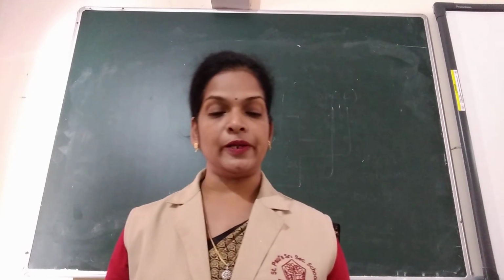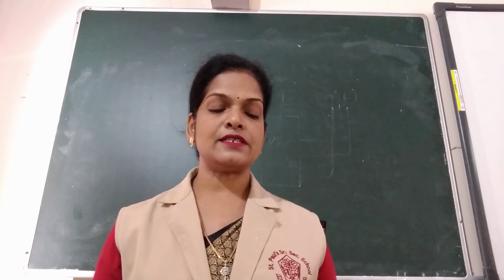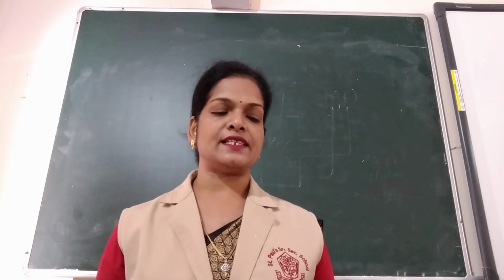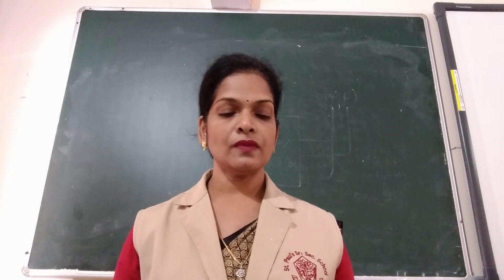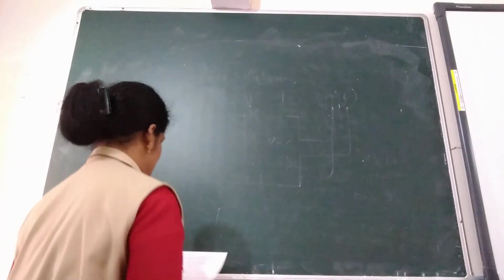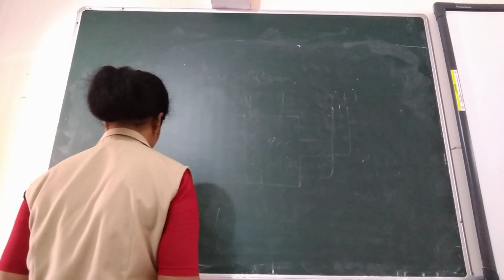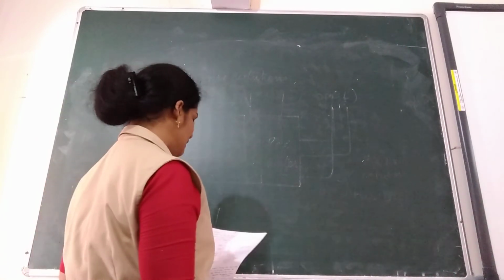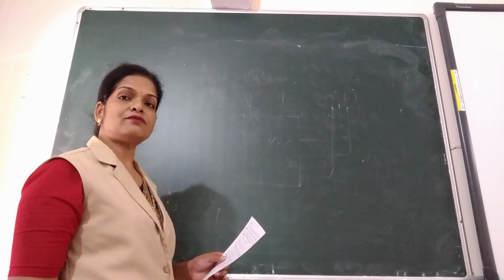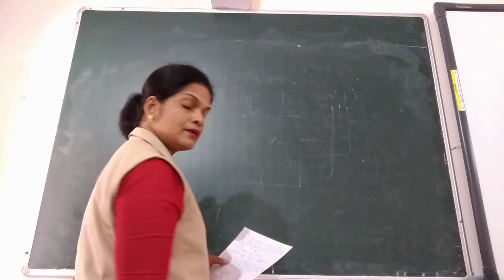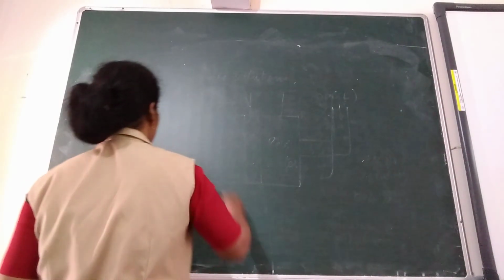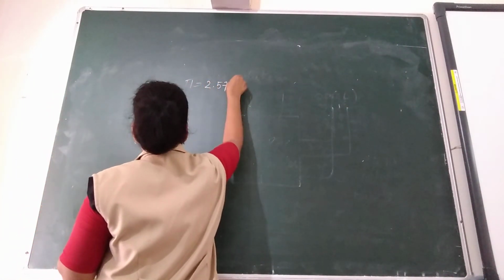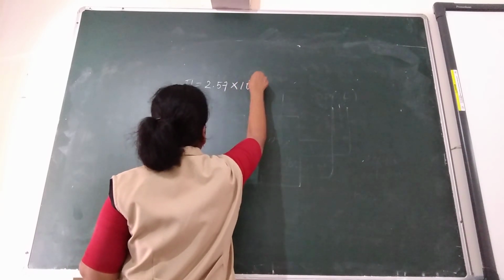The osmotic pressure of such a solution at 300 Kelvin is found to be 2.57 into 10 to the power minus 3 bar.